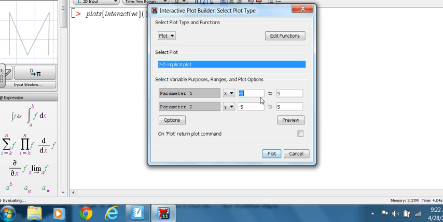So I'd probably go plus or minus 15 maybe, and I go plus or minus 50 so I could get a pretty one.